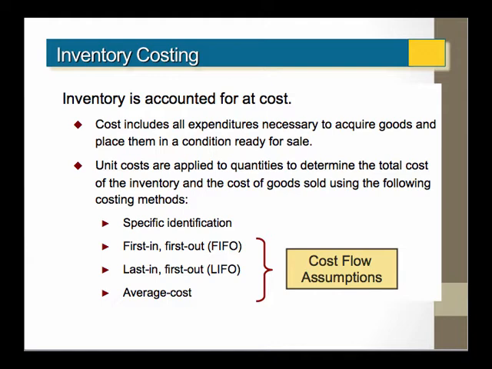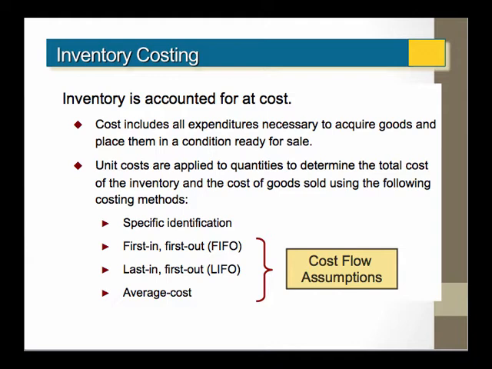Once we've determined what the unit cost is, though, we have to then take a look at how we account for those costs as the items are being sold. There are 4 different methods that we will use to determine the cost of inventory. A company needs to pick which method they want to use, and they need to be consistently applying that method over time.